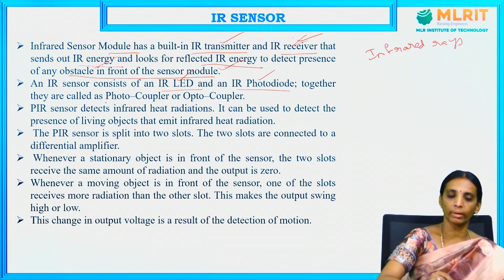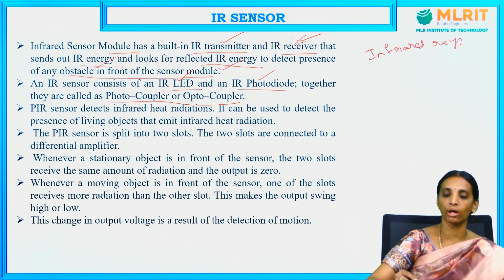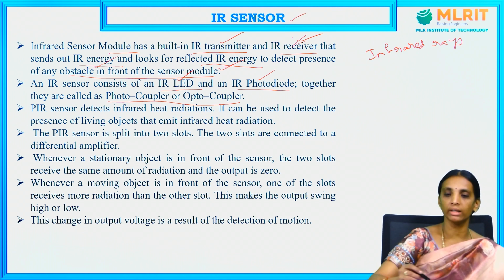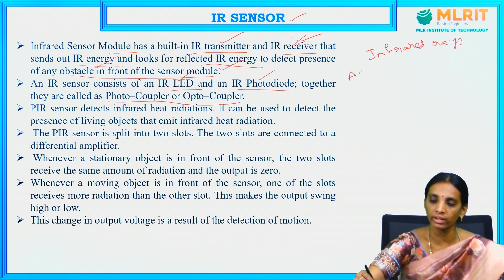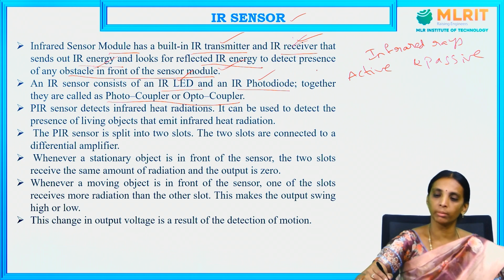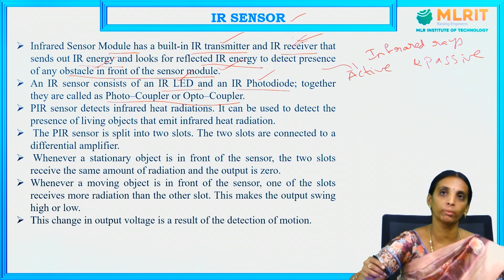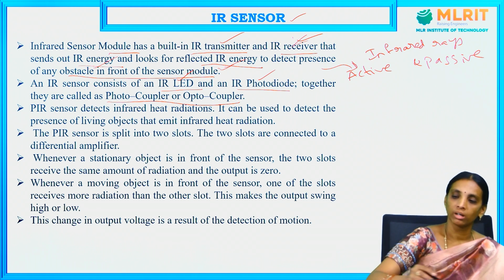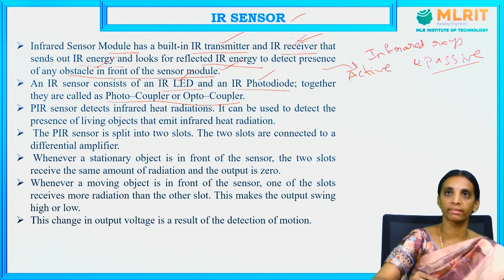Together these are called a photocoupler or optocoupler circuit. There are two types of IR sensors, active IR sensor and passive IR sensor. The basic operation we have discussed so far is that of the active IR sensor, and the other type is the passive IR sensor.